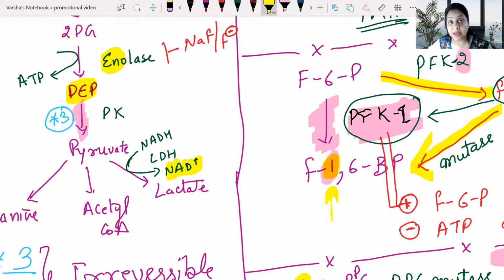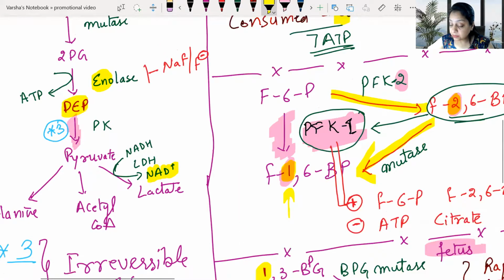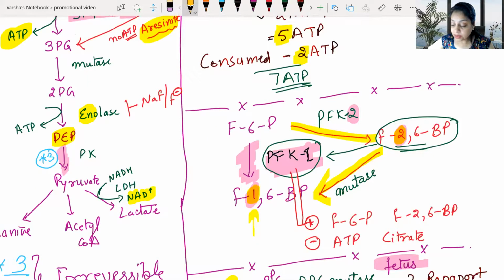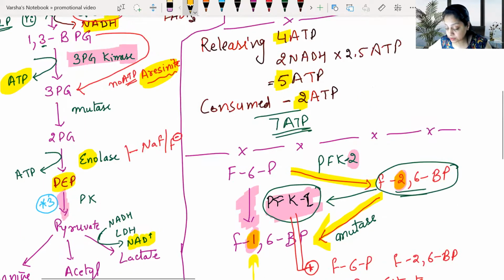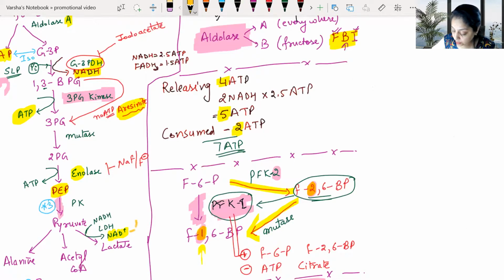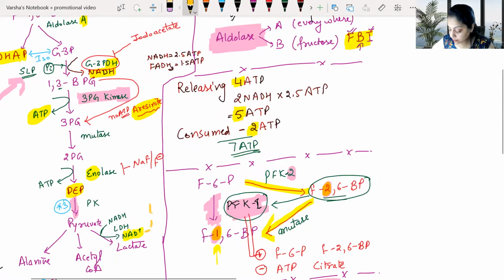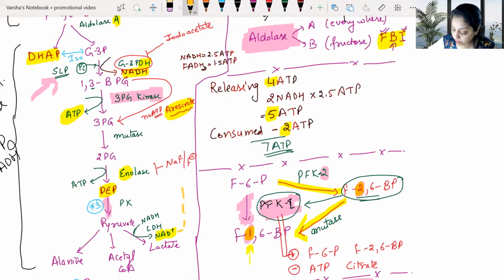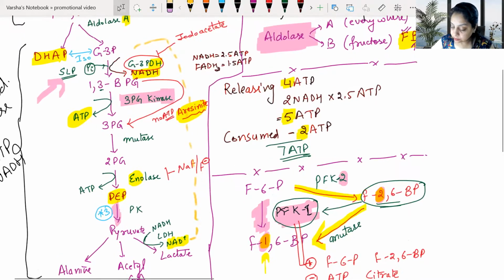Now you can grab a pencil, right? Like me, I'm grabbing a yellow pencil. Now this NAD positive is being utilized here.